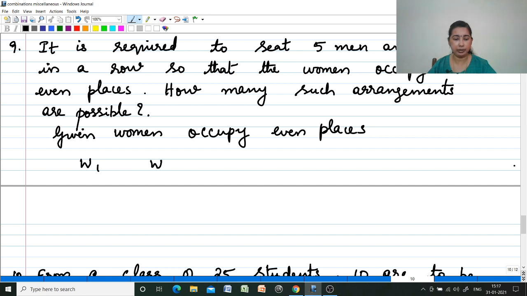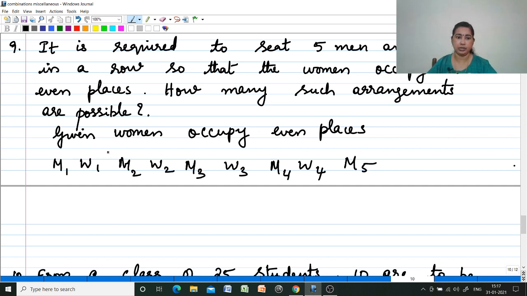So men can be seated here, M1, M2, M3, M4, M5. Women are supposed to be in the even places, and then men can be arranged. So 5 men and 4 women can be arranged in this way.